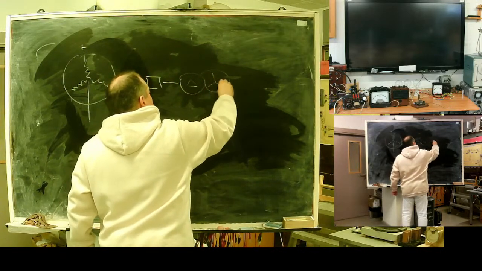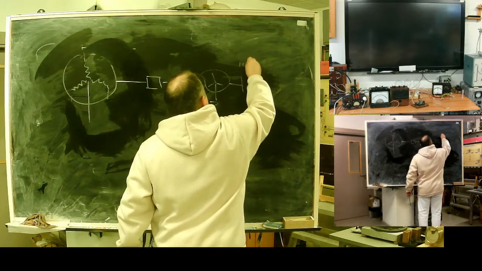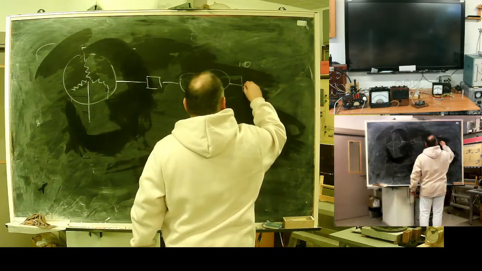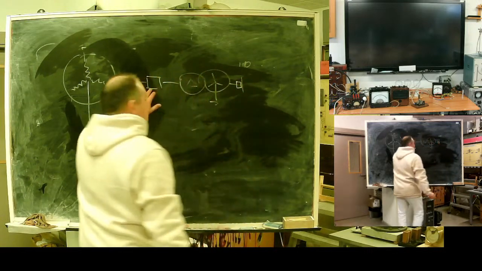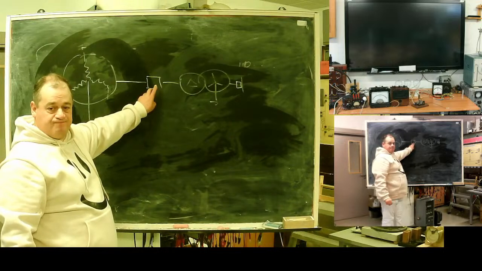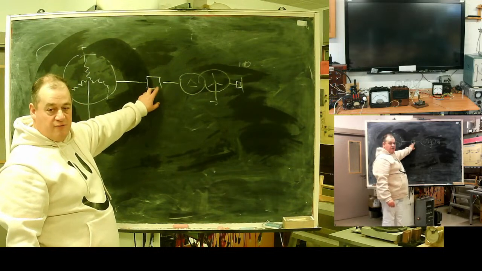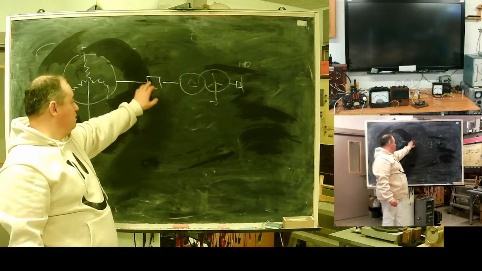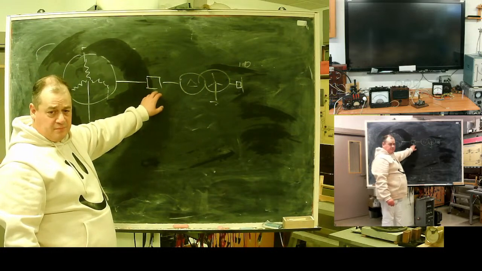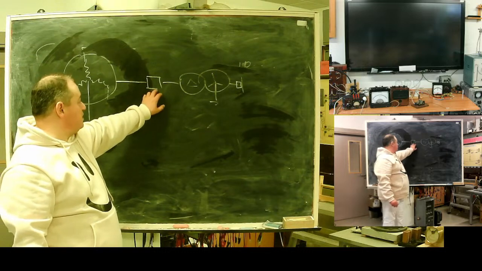Transformer delta star, 110 and up kilovolt network. Here this switch is always present, but this one not always. The problem of high fault current makes this switch so expensive and so unreliable. 100 and up megawatt machines usually don't have it.